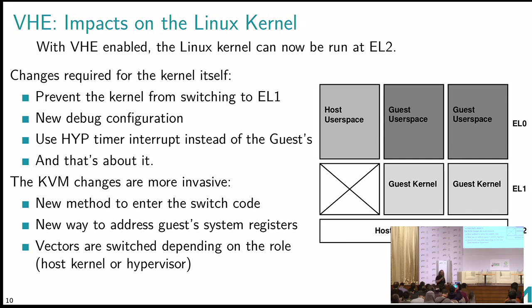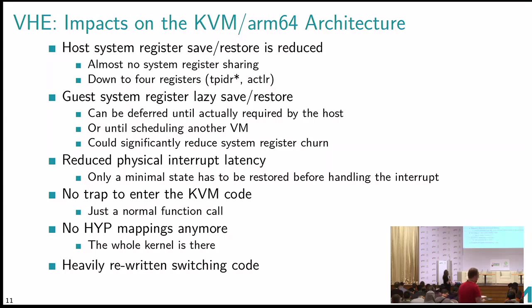So it means we change VBAR_EL2 between the host vectors and the hype vectors, depending on whether we're running the guest or the host. So what do we have to change?